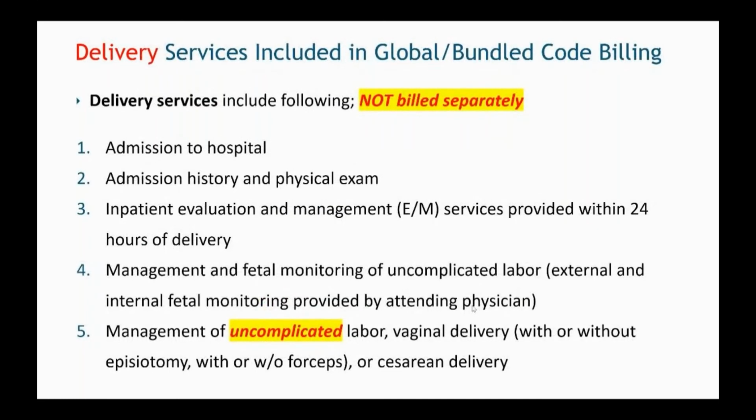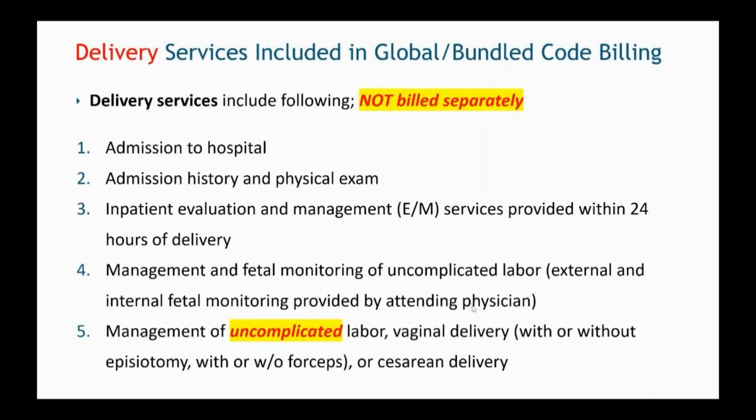So delivery services include the following and is not billed separately: admission to the hospital, admission history and physical, inpatient evaluation and management services provided within 24 hours of delivery, so you're not billing separate E&M codes. Number 4, management and fetal monitoring of uncomplicated labor, and that includes external and internal fetal monitoring provided by the attending physician.